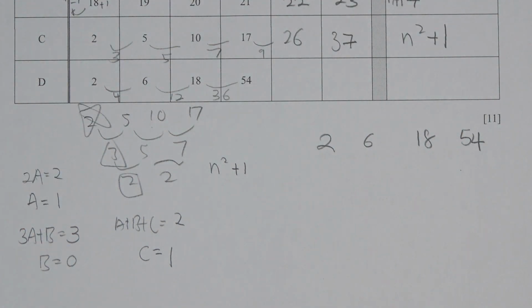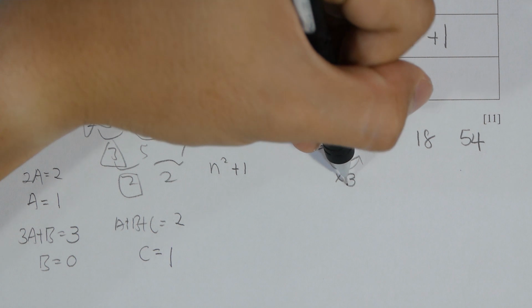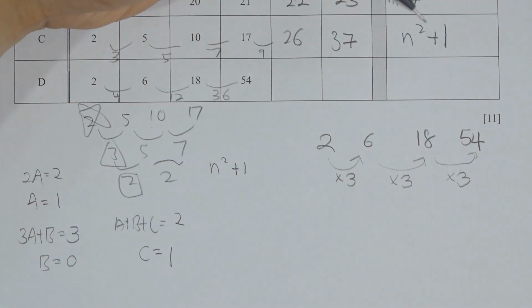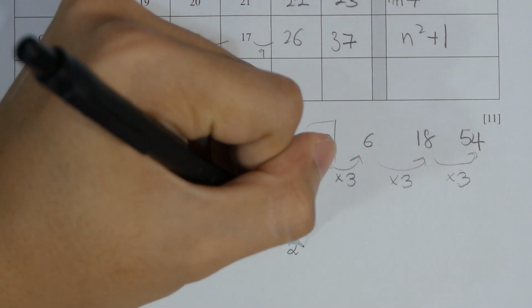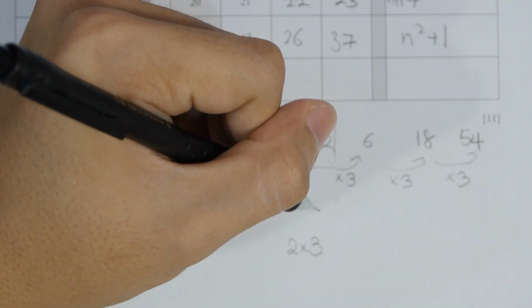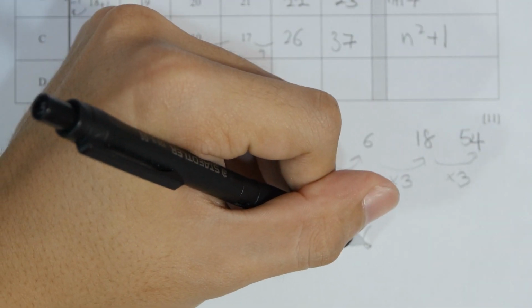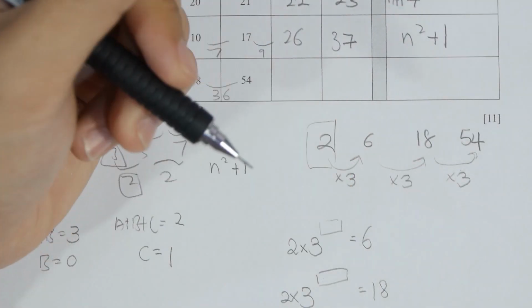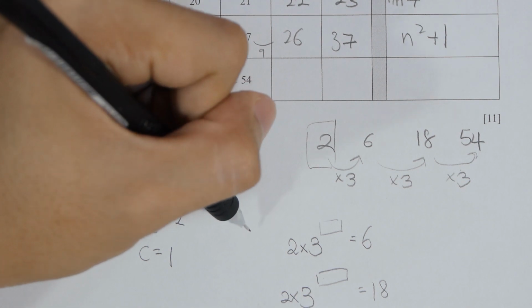Two is the starting point. Then each term is multiplied by 3. These are the key relationships you are required to identify. So I write it down, 2 times 3 and 2 times 3. Then I input the power at the 3 there. It is the second term, so second minus 1.